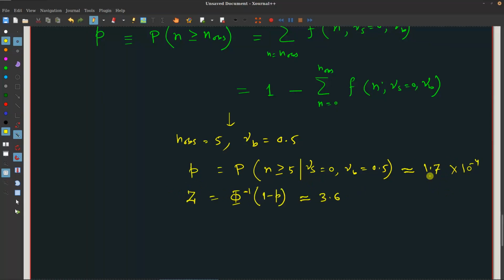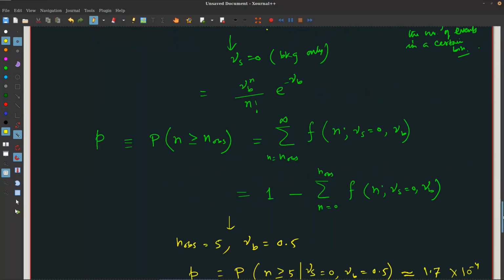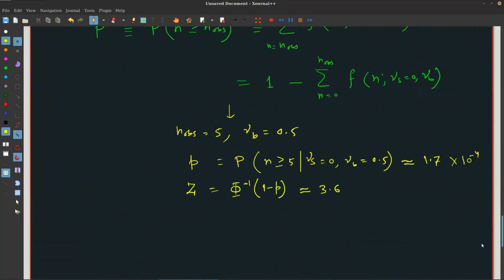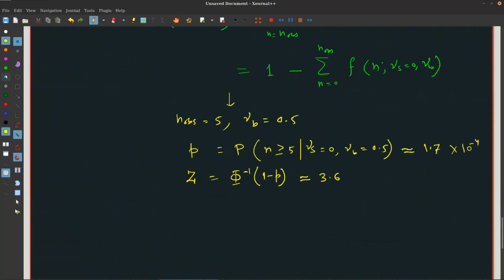So you will say that this disagreement, although it looks very large, that I am jumping from 0.5 to 5, is only a 3.6 sigma effect. Okay, so you say that this is a 3.6 sigma effect.